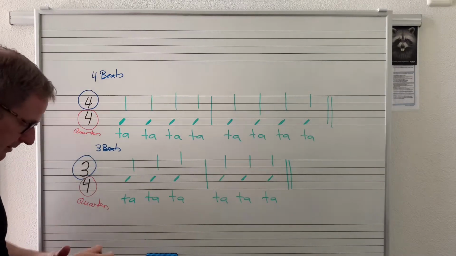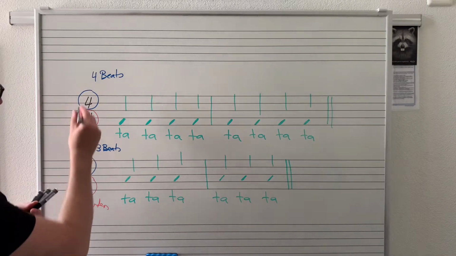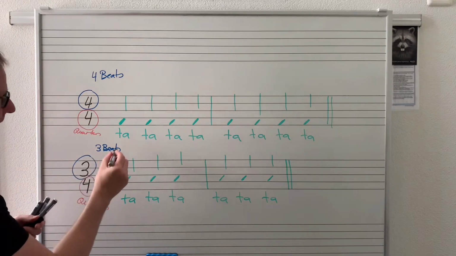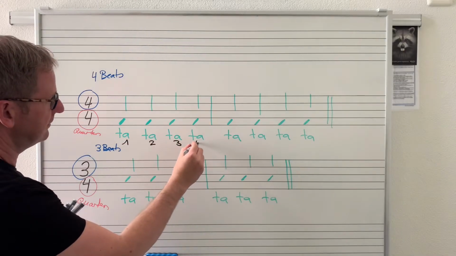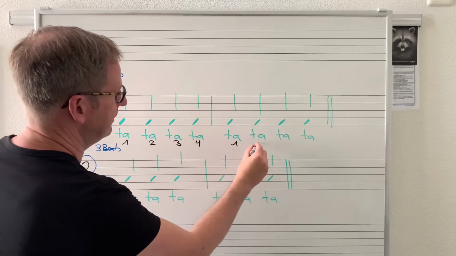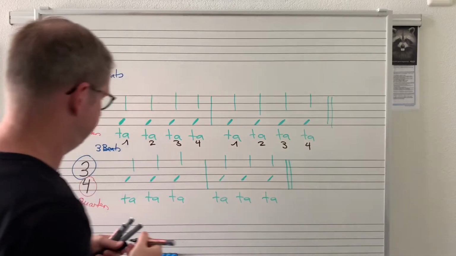It's that simple. And as I told you before, every time you have this ta, there is a number, a beat you count. In this case, we have here 4 quarter bar type. 1, 2, 3, 4. 1, 2, 3, 4.